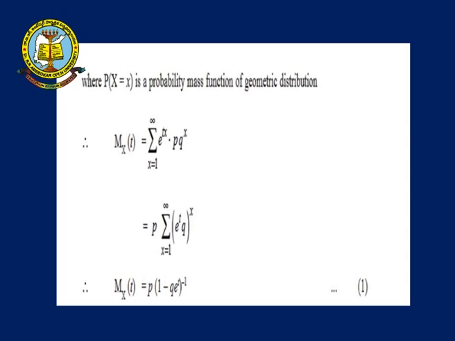So M of x(t), p is the constant from the earlier formula, p into the sum of e power t into q whole power x, we are writing as p into 1 minus q into e power t whole inverse. This is the first one.